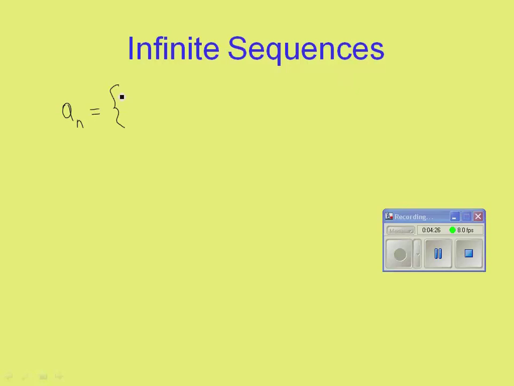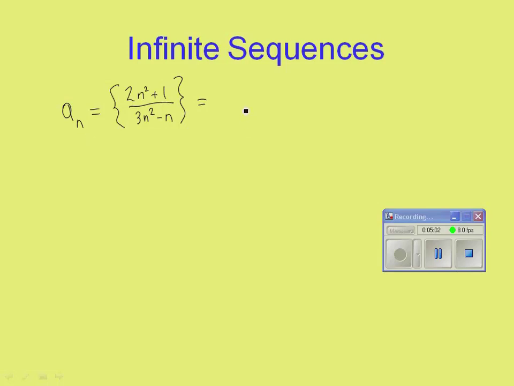So if I say a sub n is the sequence (2n squared plus 1) over (3n squared minus n), natural numbers in for the n.